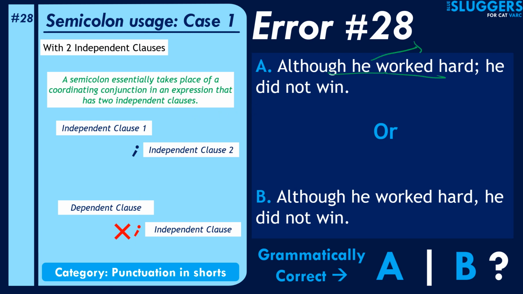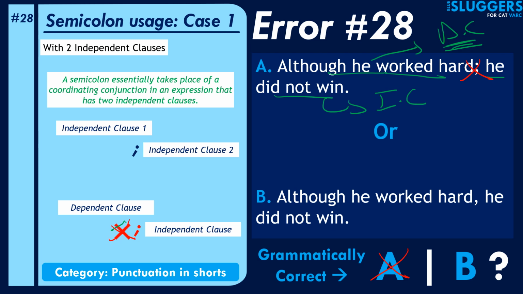Now, "although he worked hard" is a dependent clause, not an independent clause. And the next part says "he did not win." That's an independent clause. So if you have a dependent clause before an independent clause, guys, you cannot use a semicolon. It is grammatically incorrect to use a semicolon. This will render sentence A incorrect.